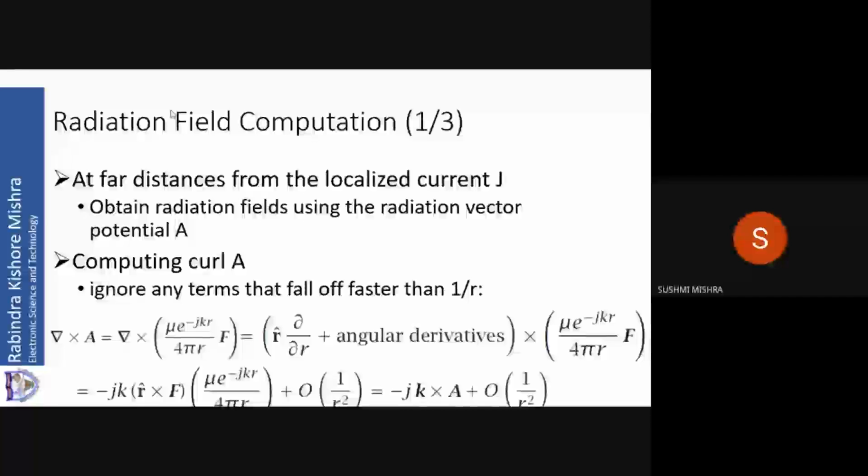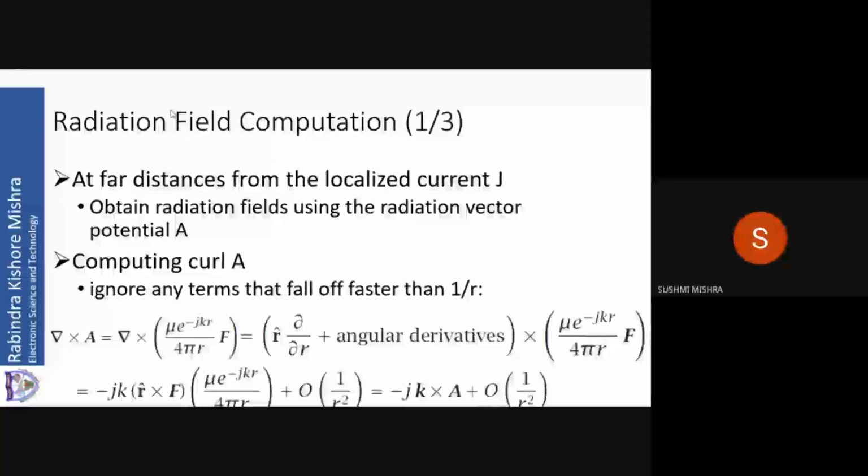The second term is the differentiation of 1 by 4 pi r, which will give me minus 1 by 4 pi r square, so there will be an r square term. So the first term remains as it is, plus order of 1 by r square. Everything is either 1 by r square or more than 1 by r square. Now what happens to the angular derivatives?